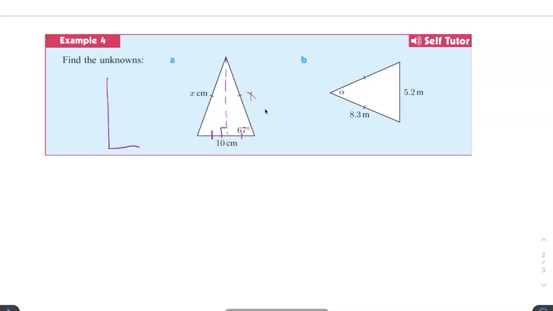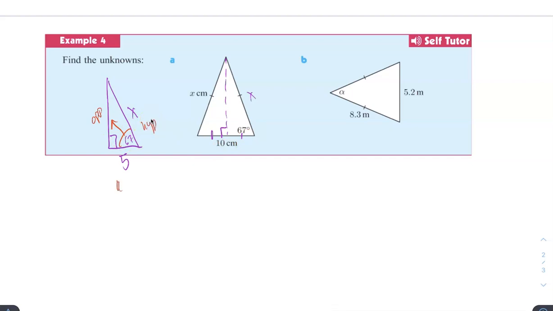We have a right triangle that looks like this. 67. This is x. This is my right angle. The whole base is 10, so if we cut it in half, this makes this 5. And we solve this like we solve anything else. Highlight your angle. This would be opposite. This is the right angle, so this is hypotenuse.